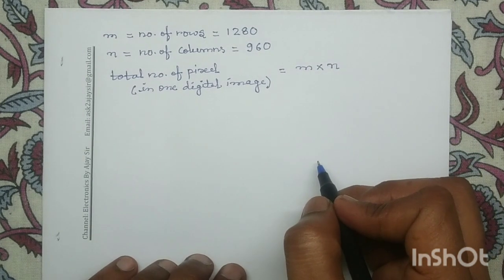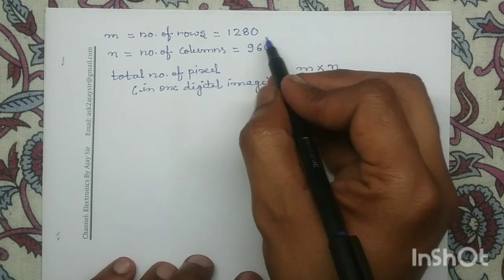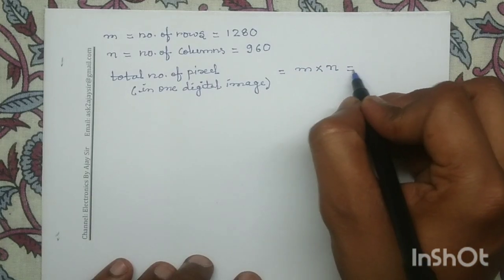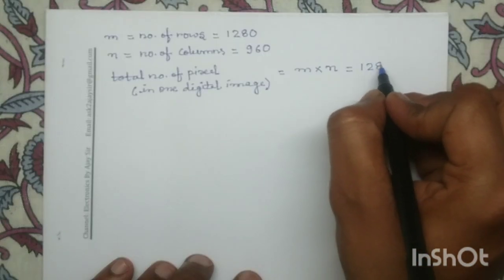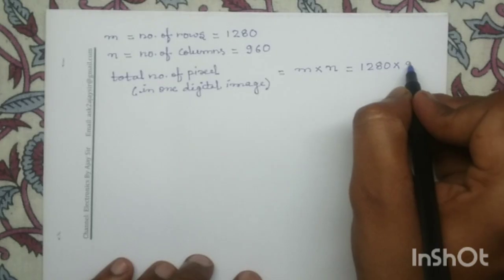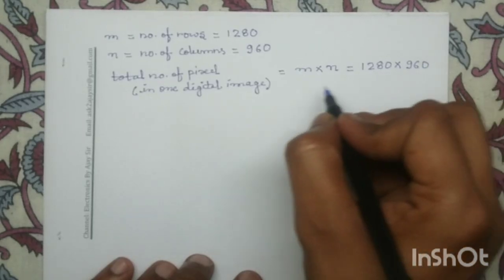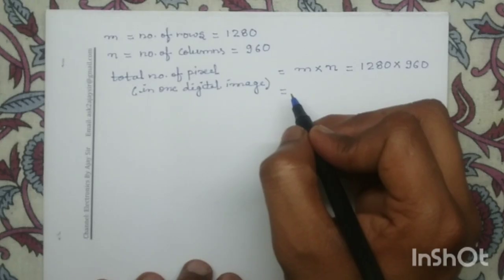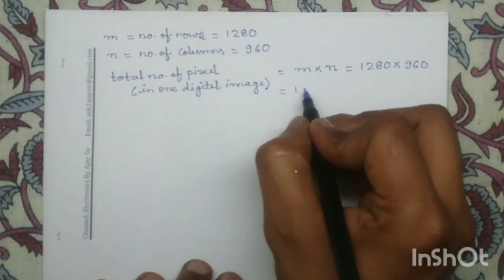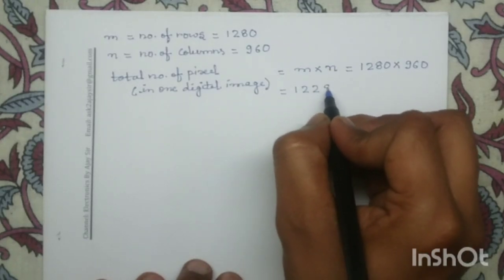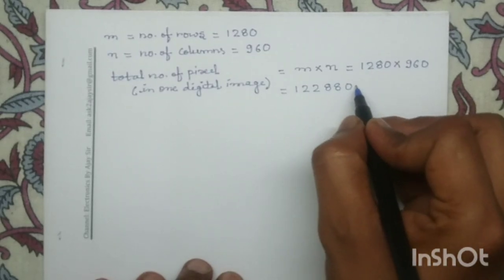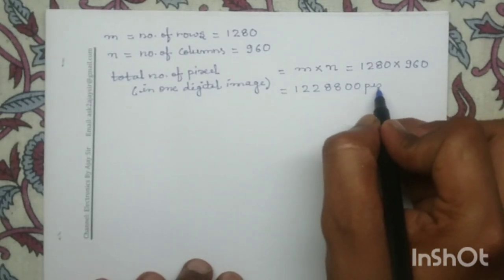Since in our digital image, the number of rows is 1280 and the number of columns is 960, the total number of pixels is 1280 multiplied with 960. If we simplify this, we will get the total number of pixels in one digital image, and it is evaluated to be 1228800 pixels.